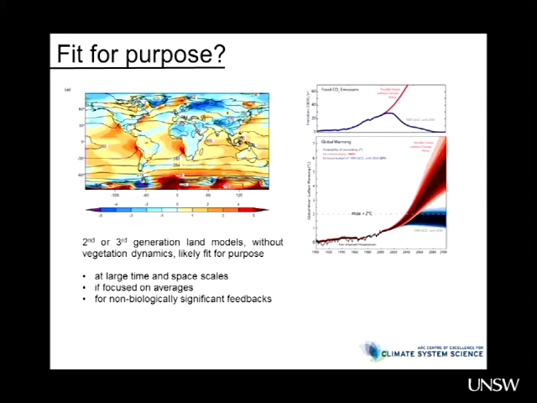If, however, you're interested in stuff that's responding to the land surface, things like droughts or heat waves, or carbon balance, or continental water balance, or the impact of double CO2 on human health, if you saw the paper that came out in Nature today, those sorts of things, you've got to be very, very careful that the land surface schemes that you use are evaluated for your purposes, work for the purposes for which you tend to implement them, and you make sure that they are actually resolving the processes that you think matter to you.